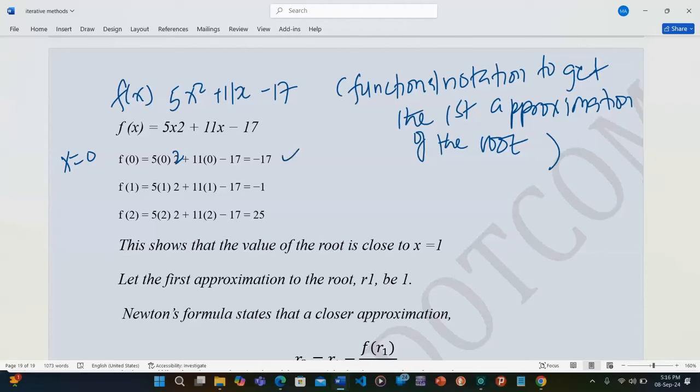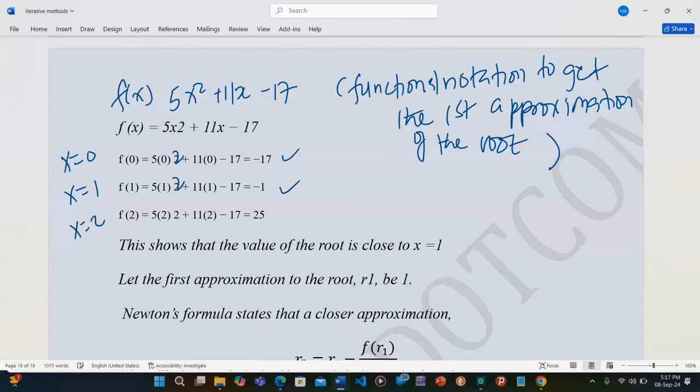That is f of 0. If we put x is equal to 1, here that means we have 1 squared times 5 plus 11 into 1 minus 17 is equal to negative 1. You can see how it is reducing. So what if we put in x is equal to 2?